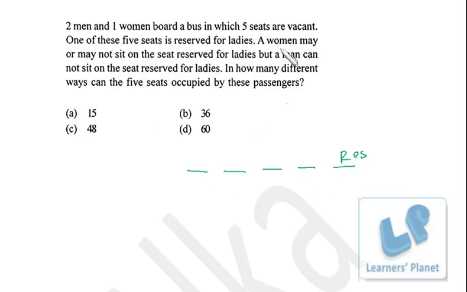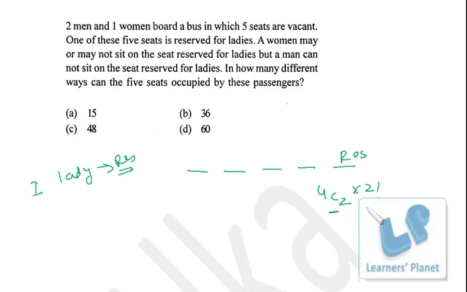Now we take 2 cases, right? The woman may or may not sit on the seat reserved for ladies. Suppose in the first case the lady is sitting on the reserved seat. Now there are 4 vacant seats and 2 men. Out of these 4, 2 seats are selected for these 2 men, and there are 2 factorial arrangements for these 2 men.